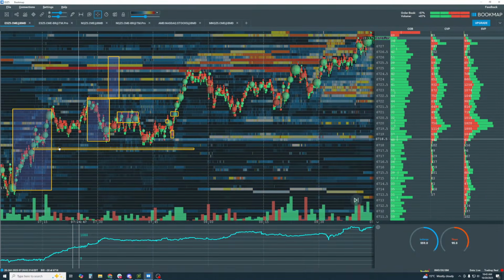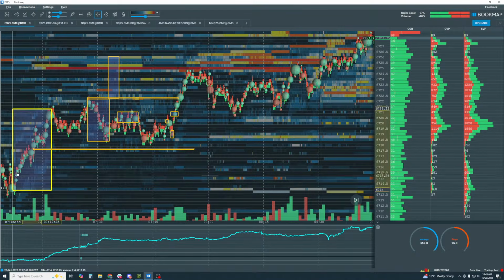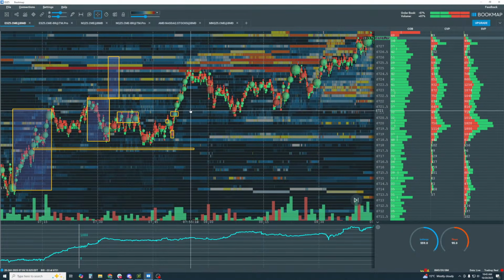Now, I would also look for the same amount of volume, something similar in here for that impulse move. We might not get it. In fact, we get less volume in here compared to this move here, so it doesn't come up as high.